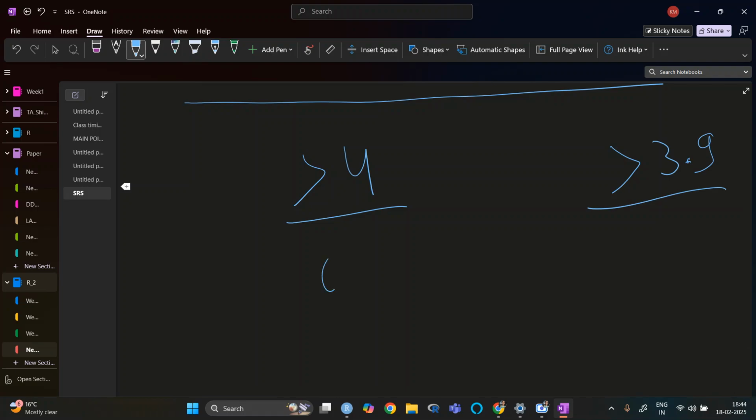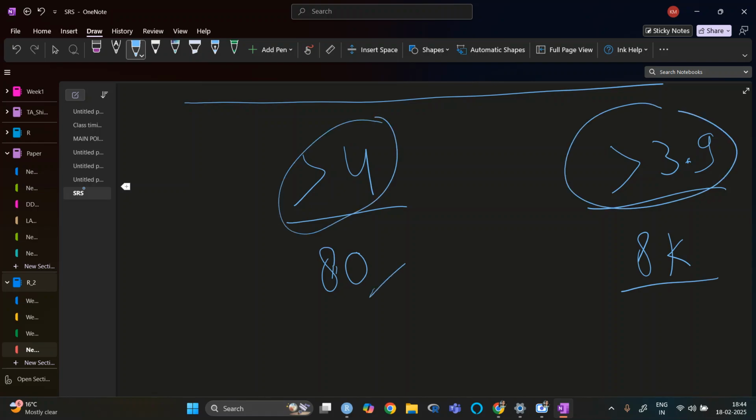If this number is 80, whereas this number is 8K, then there is a high chance that we will buy this rather than that, because the number of people buying that is not as large. So that also matters, right? How much is your population size, because if your population size is very small, whatever the answer is, it may or may not be correct.